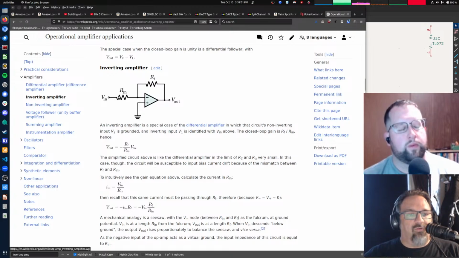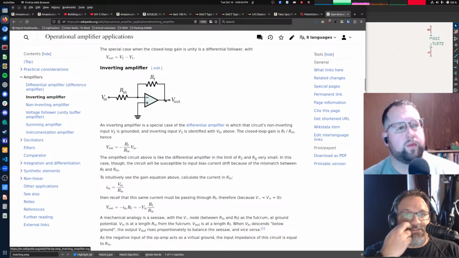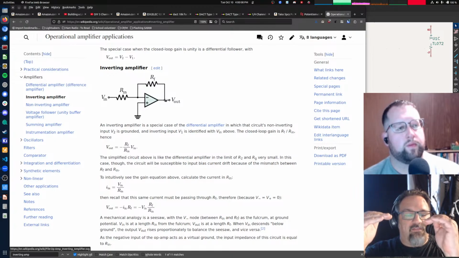So it's 1 volt, 1 k ohm resistor, that's going to create 1 milliamp. To get 1 milliamp going through this resistor, I need to have minus 1 volt here and a 1 k ohm resistor here, and that'll create 1 milliamp. So it's the same voltage. So if the resistors are the same, then the output voltage will be the same, but an inverse copy of it.